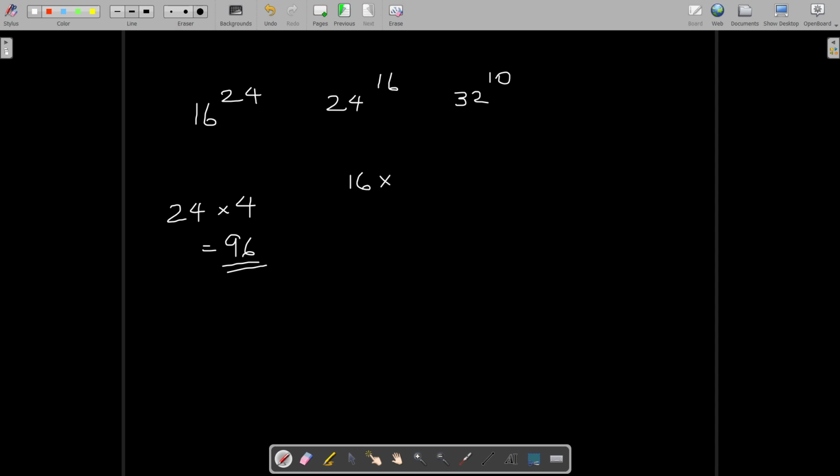Log of 24 is 4.6. This is 16 times 4.6. Now the third part is 10 log 32. 10 log 32 is equal to 10 into 5, which is equal to 50. 16 times 4.6 is approximately 72 something. You don't need to find the exact value.